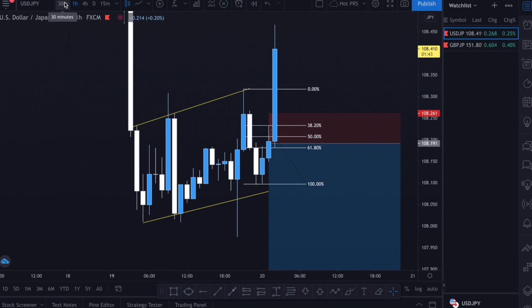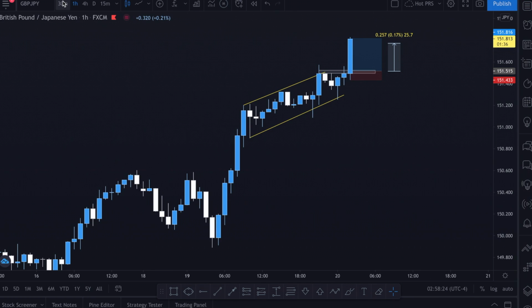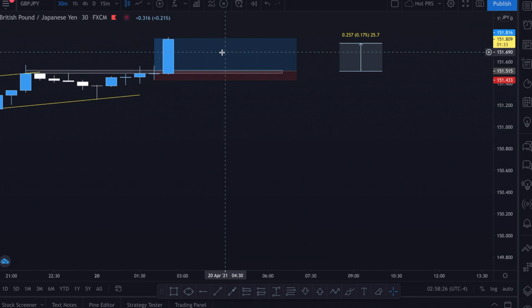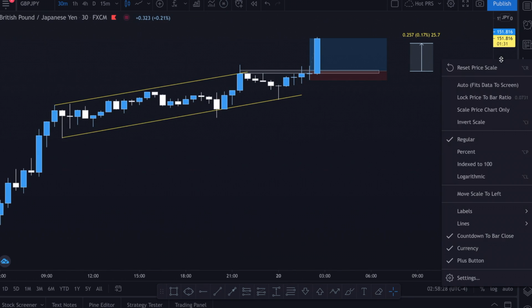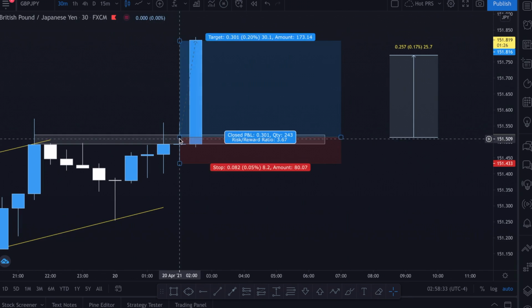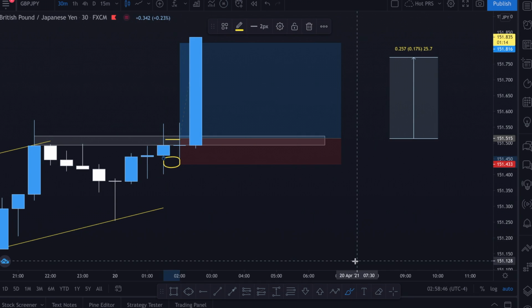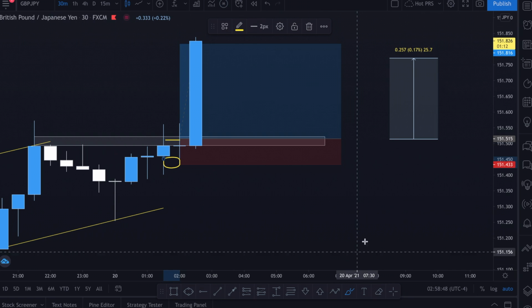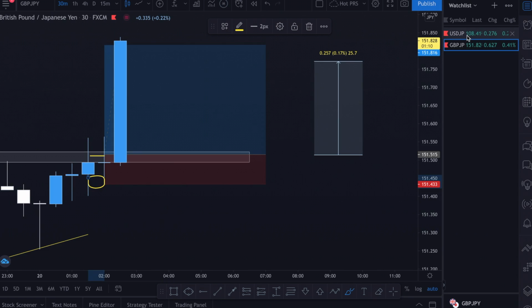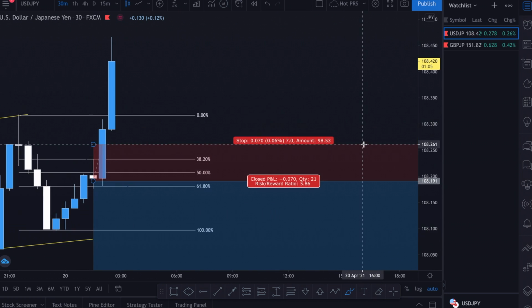We took this loss, and then we saw the buying opportunity on GJ, and we got in for buys right around this area. We could have gotten a better entry somewhere around here, but I was too focused on USJPY for this sell. So yeah, small loss, just seven pips.